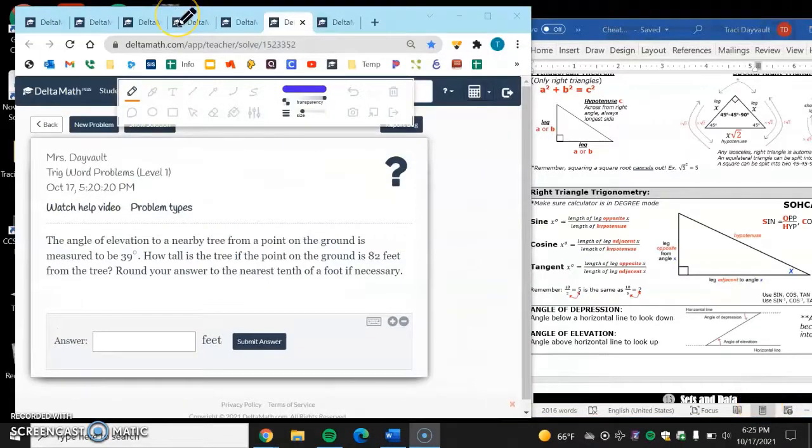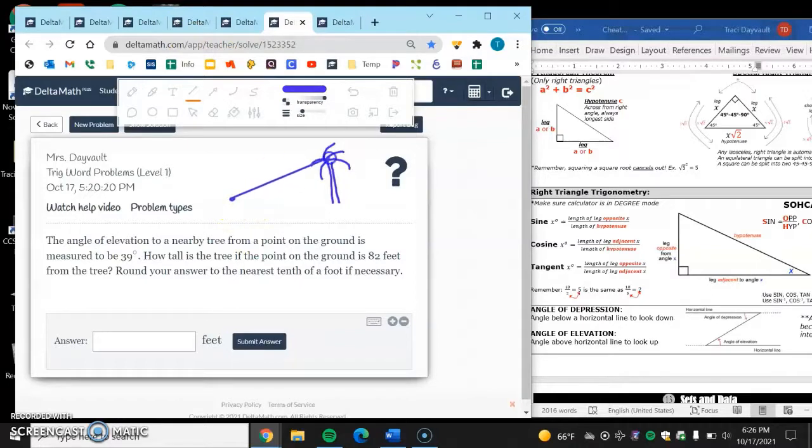Let's look at a few more. The angle of elevation to a nearby tree, so we're going to have some sort of tree. I'm going to guess it's a palm tree because I like palm trees, if you didn't know. From a point on the ground, so that's just any random point on the ground, is measured to be 39 degrees.